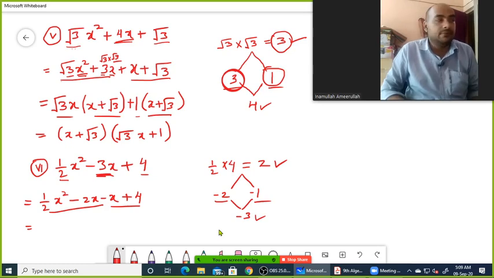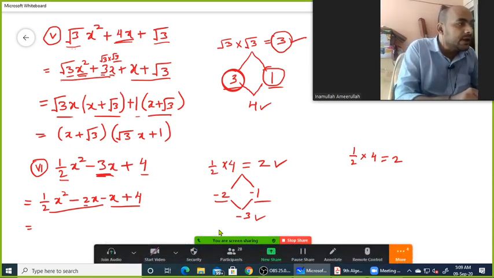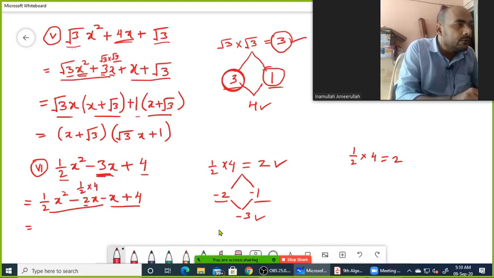So if this is 1 by 2, and in order to get 1 by 2, if I multiply 1 by 2 with 4, I'll get 2. So here this 2 can be considered as 1 by 2 into 4. So we can take out 1 by 2 as a common factor.